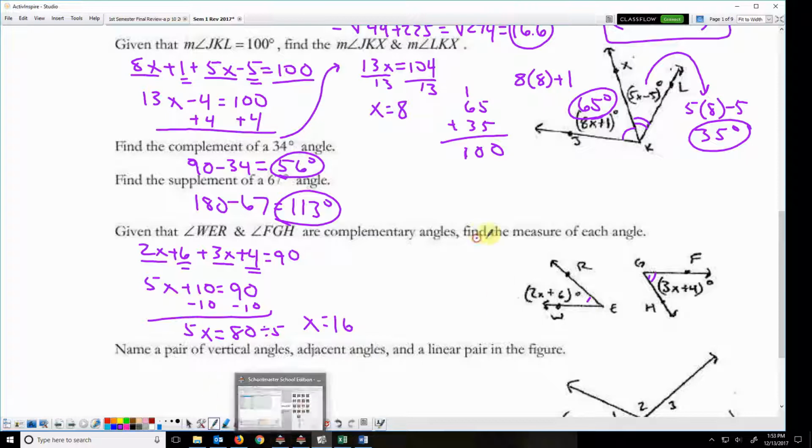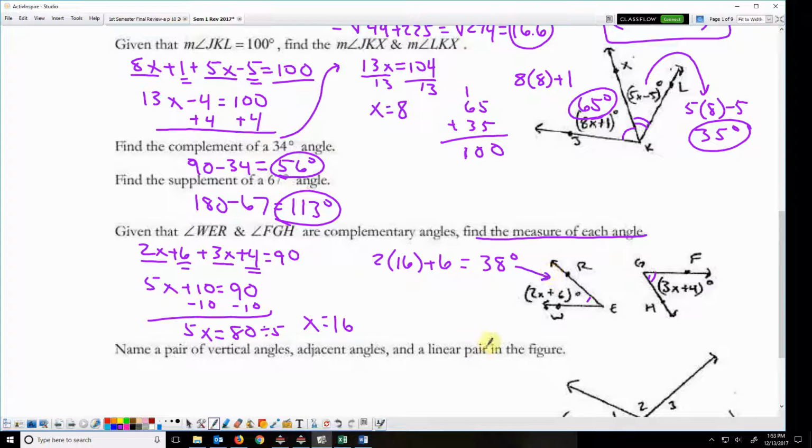It does say find the measure of each angle, so I need to plug that in. 2 times 16 plus 6, that's 32 plus 6, which is 38 degrees for angle WER.